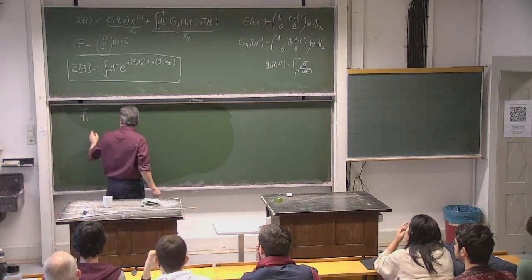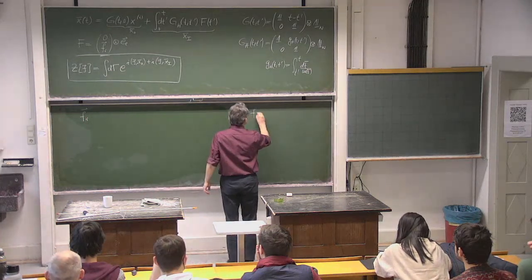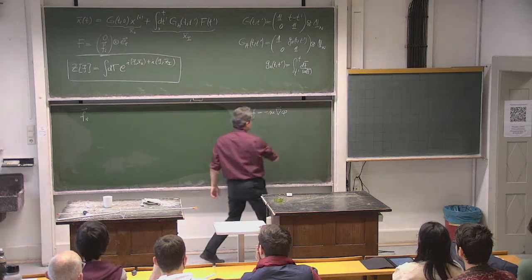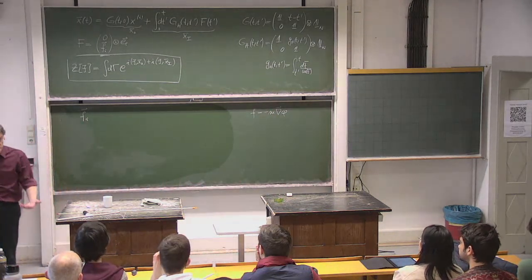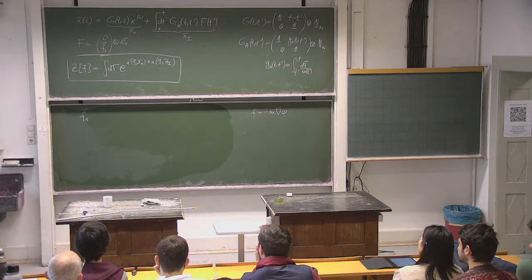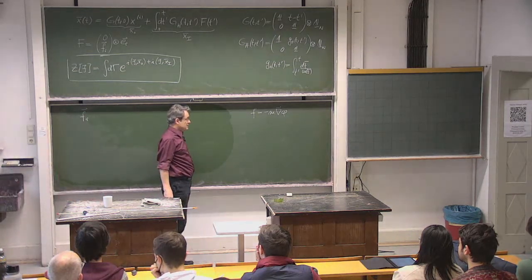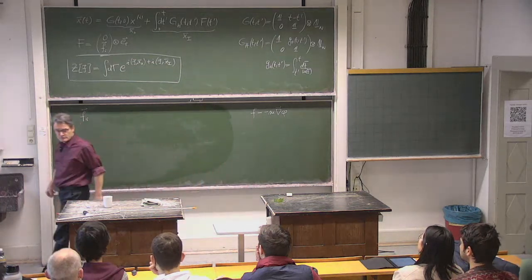And then we can write the force as minus m times gradient phi, where phi is that potential sourced by the nonlinear density contrast, and m is the effective particle mass. All right, force is mass times acceleration, right? It looks approximately right.